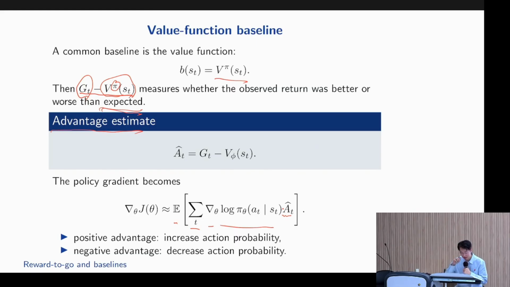Without this mean subtraction, what if all your returns were positive? Then you would end up reinforcing everything, although they are weighted. But with this, even though you have all positive returns, the mean subtraction will decrease some of the actions that are below average.